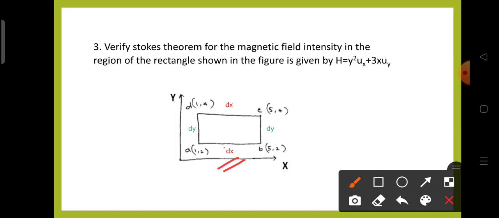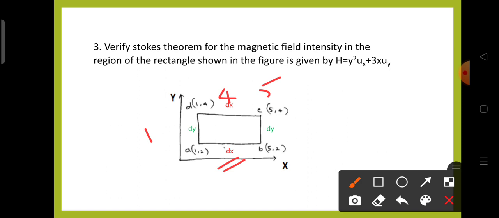From B to C, x is constant, the x value is 5, and y is changing from 2 to 4. Then C to D, x is changing from 5 to 1, but y is constant, which is 4. Then D to A, x is constant, the value is 1, and y is changing from 2 to 4.